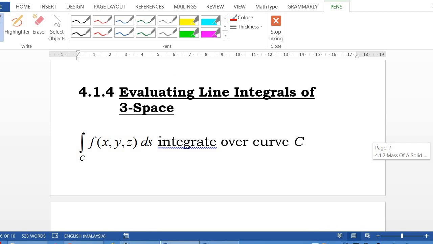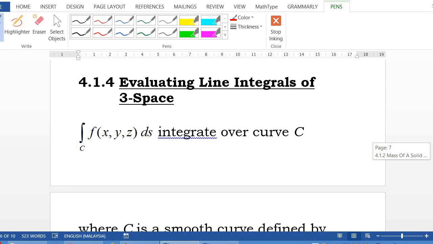Then how do we evaluate the line integral in 3D space?